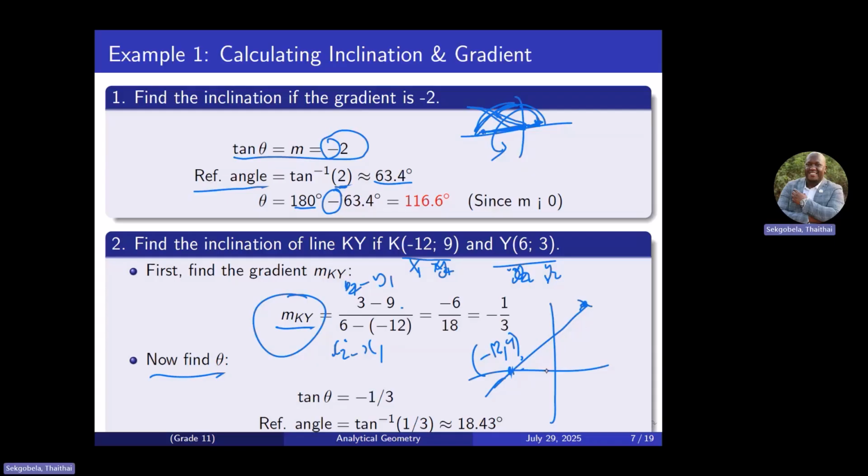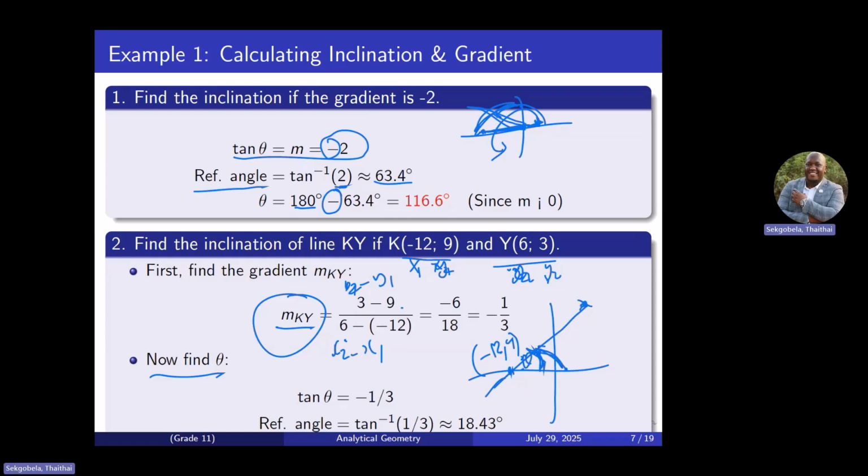So meaning the angle will be in between there. Now we need to know that angle, which is in between. We can move it to here, up to there. That's still okay.